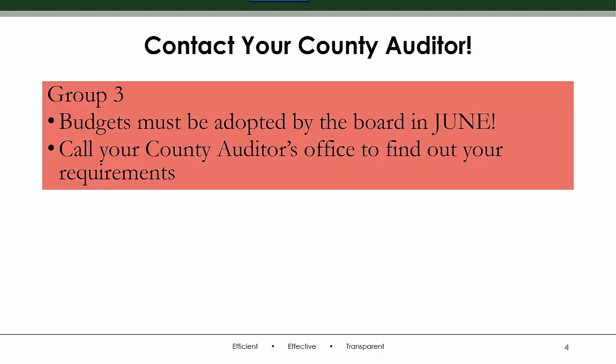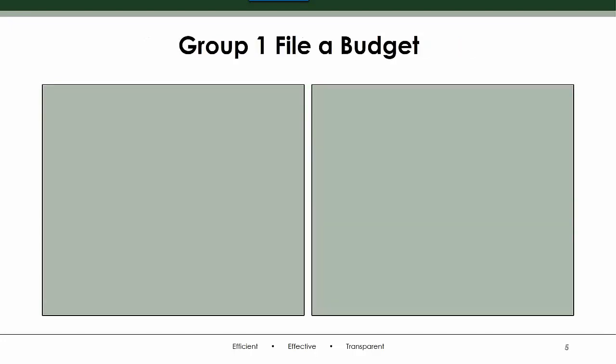So target that as early as you can, but the actual filing and adoption of that has later deadlines. I'm just kind of squirrely about, oh my gosh, get this in front of the board and adopted before we run out of time. So call your county auditor's office to find out if you have to file a budget, and if not, what procedures do they follow, because you're going to need to know that.